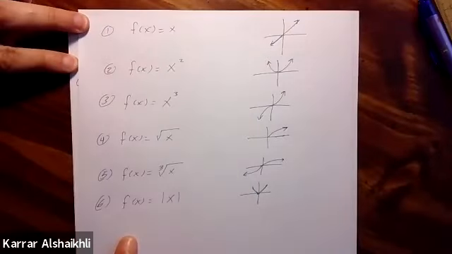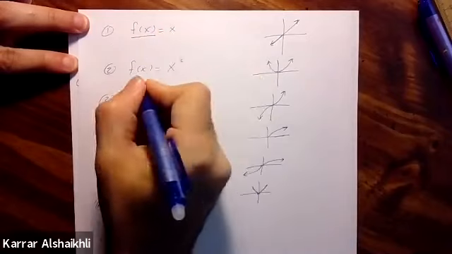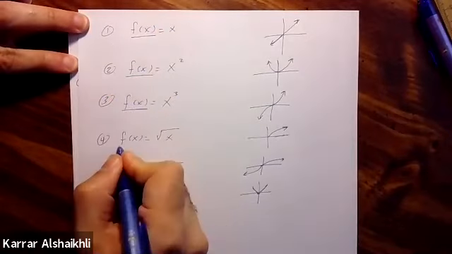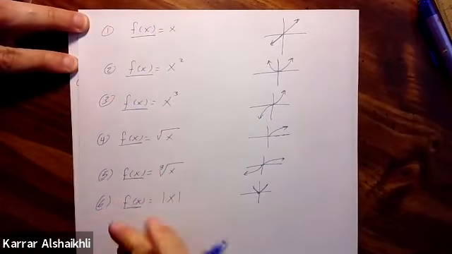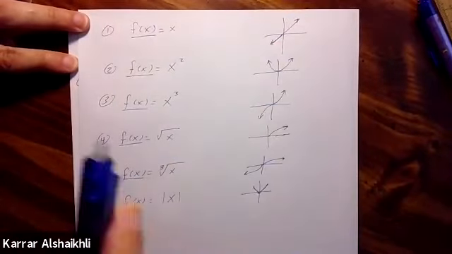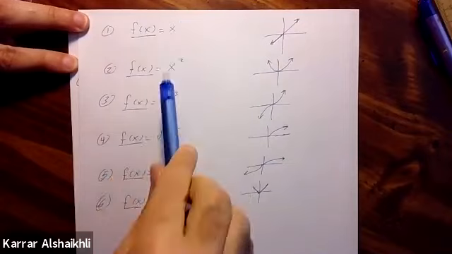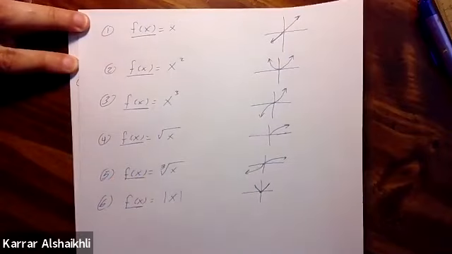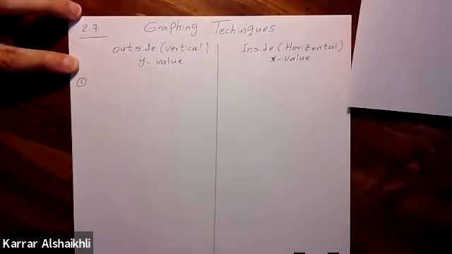Remember, these are the parent functions. So I'm going to use the same symbol, f of x. f of x means the basic function, which is one of these. So if you see f of x, that means one of these parent functions or basic functions. So let's start with the first technique.